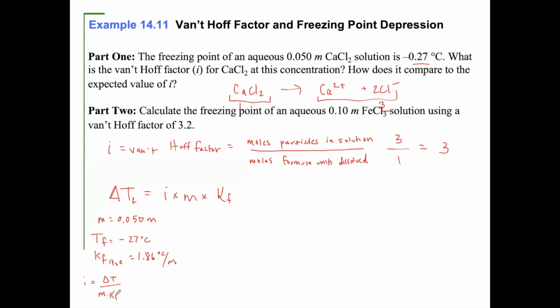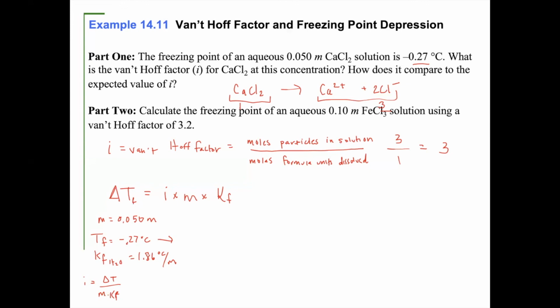Now, remember, delta T and temperature are not the same thing, right? Delta T and the final temperature are not the same thing. Delta T is indicating the change in temperature. So for us, the final temperature is negative 0.27 degrees Celsius. Sorry, there should have been a decimal point there.